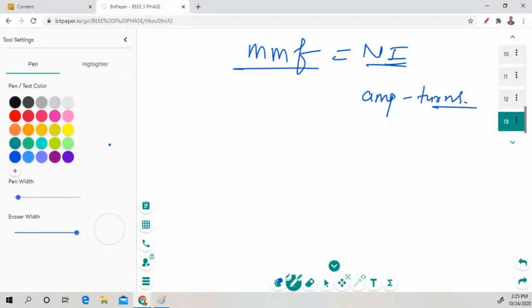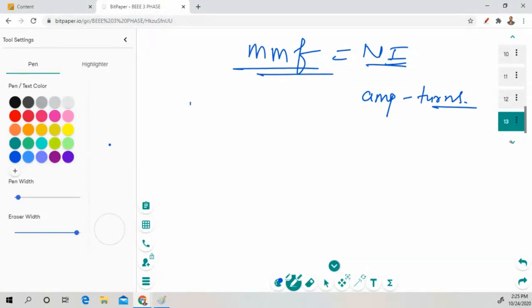The magnetic pressure which sets up or tends to set up magnetic flux in a magnetic circuit, or the work done in moving a unit magnetic pole. Have you understood this? What is magnetomotive force?